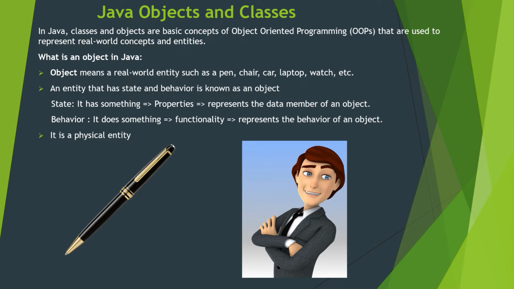So what will be the state or properties of the human being? Name, address, correct? Behavior could be working, cycling, trekking, etc. So this is all about objects. Anything that exists as a real world entity is known as an object.